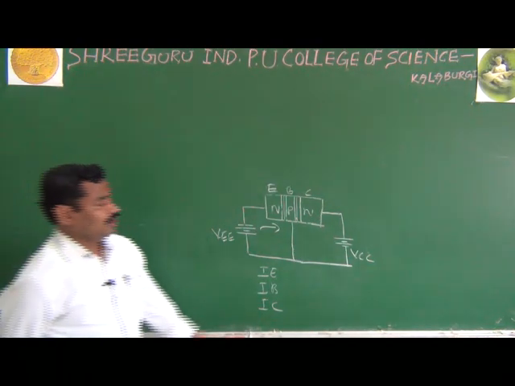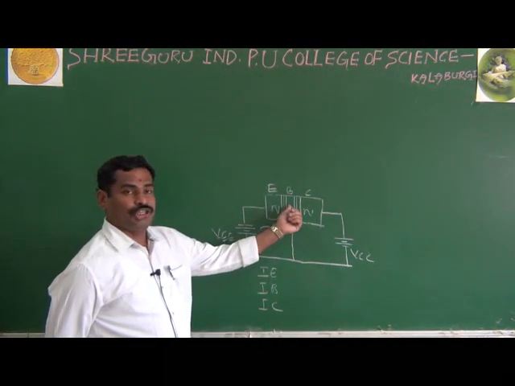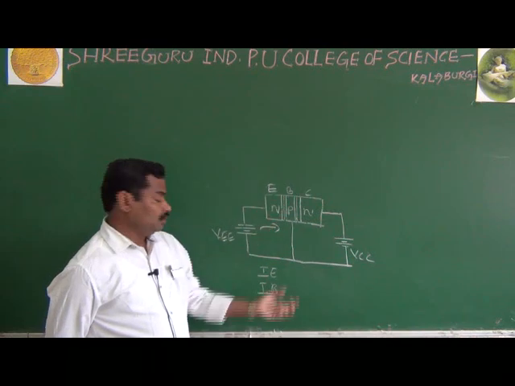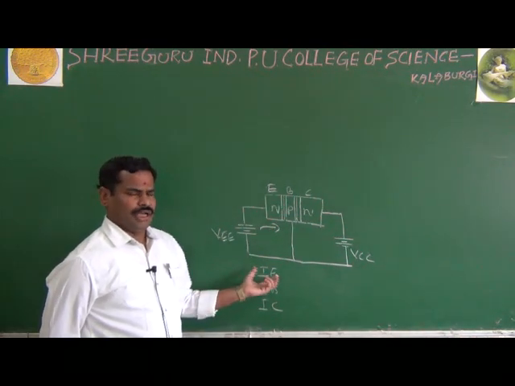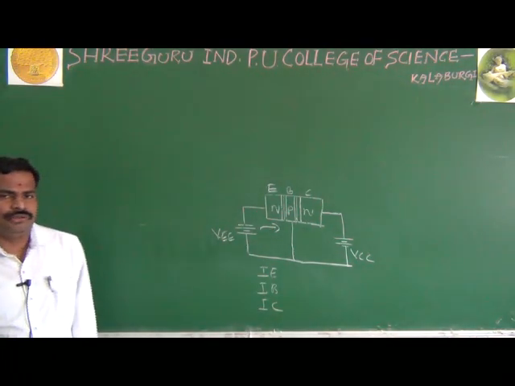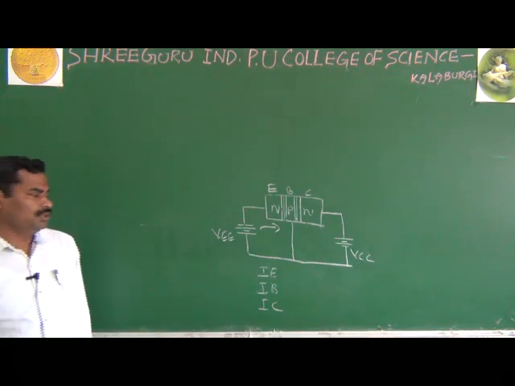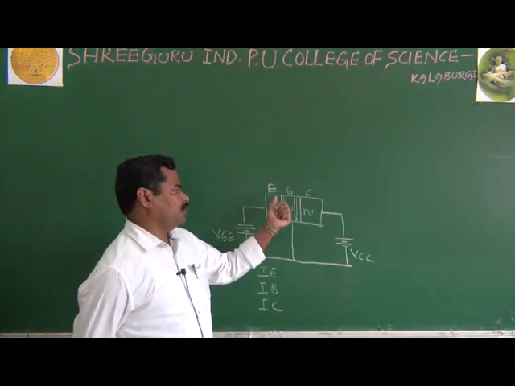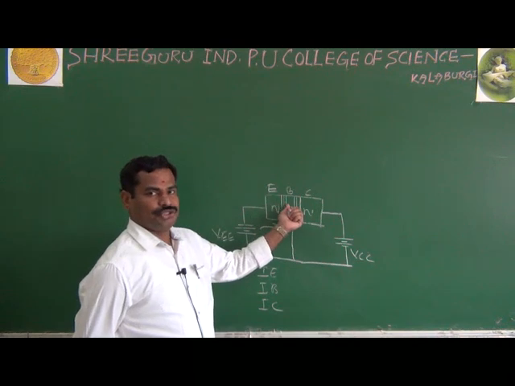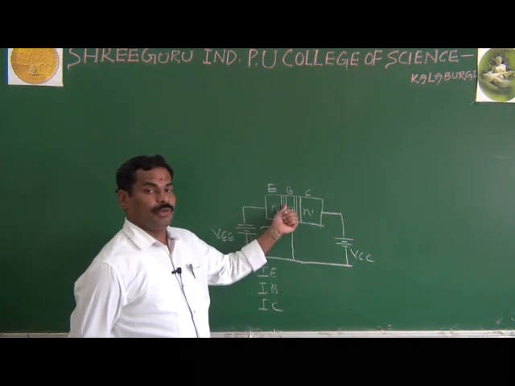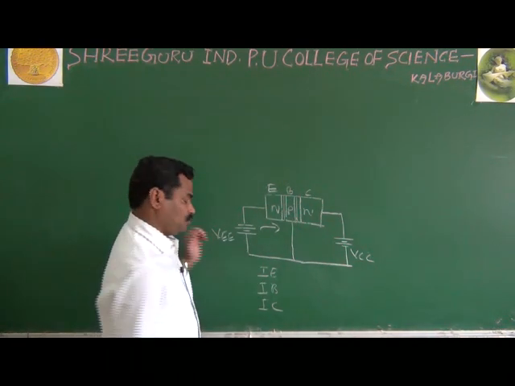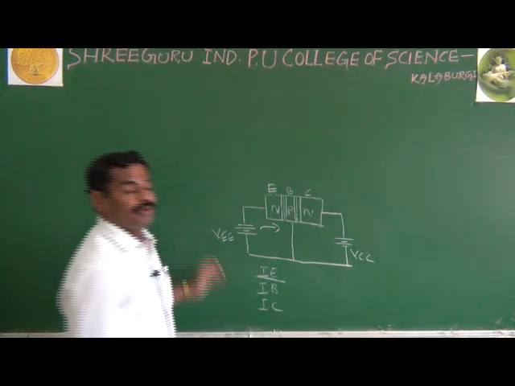This moving of electrons from emitter to base is nothing but the emitter current. What is current? Nothing but the moving, flowing of charges. Here the electrons move from the emitter to the base, and that is the IE, your emitter current.